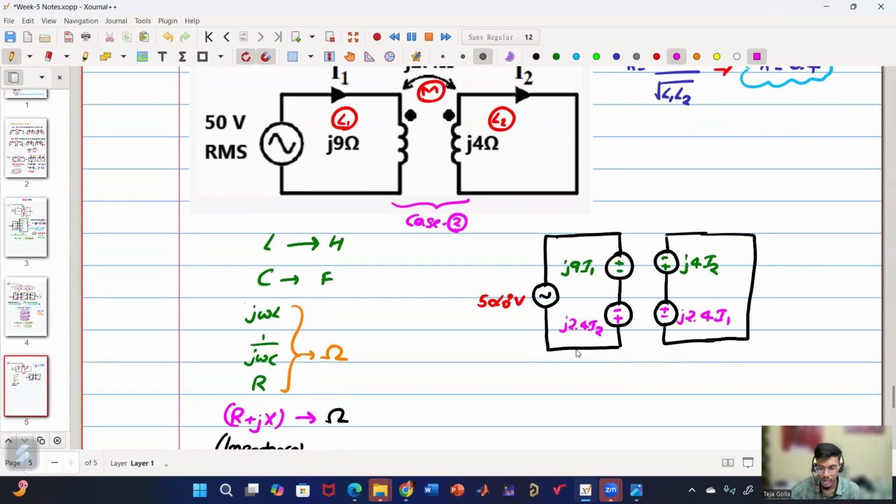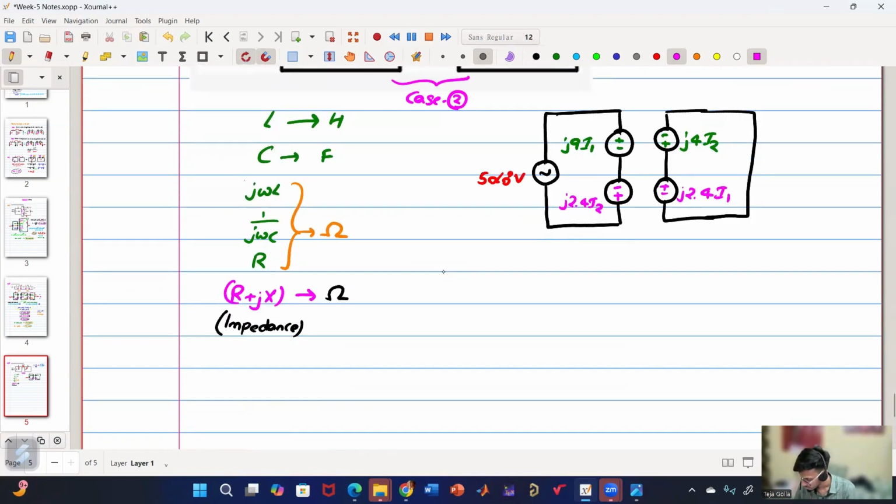If you write the KVL equations, you will get 50 angle 0. What will be the equation? We have to find I1 and I2, so we write KVL.